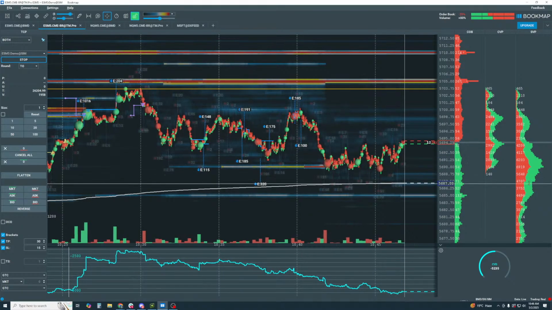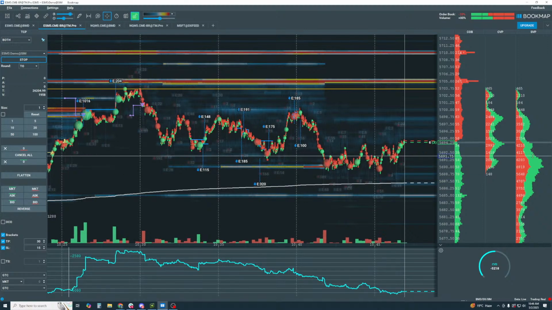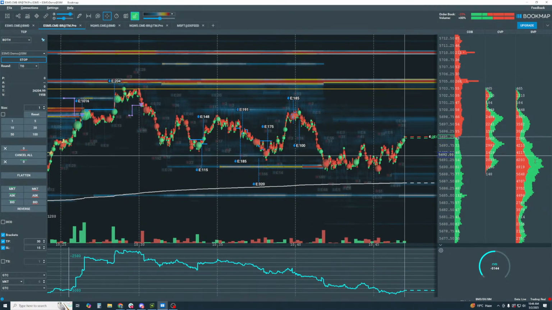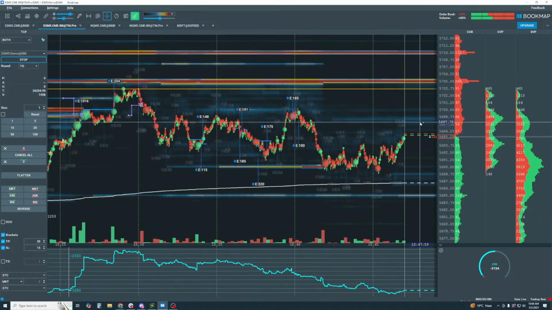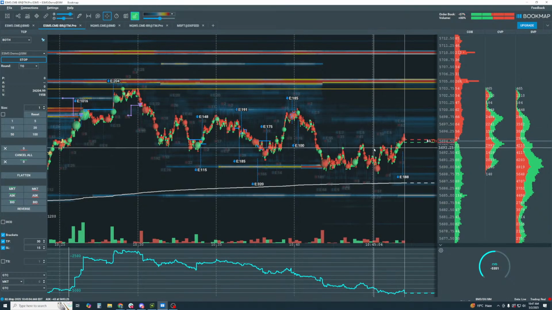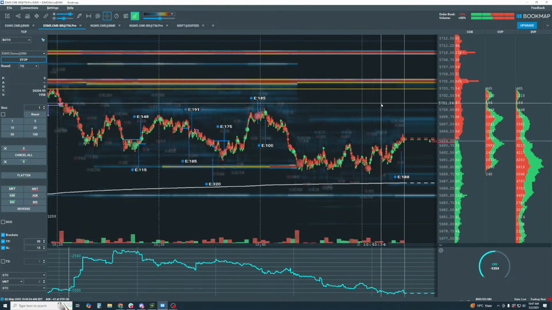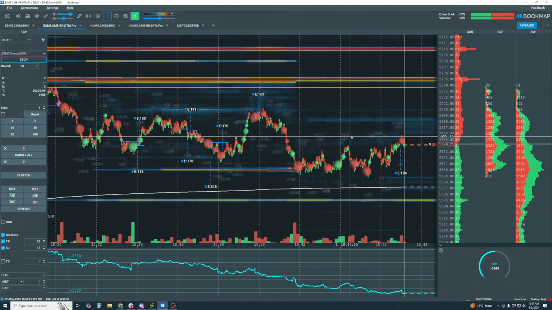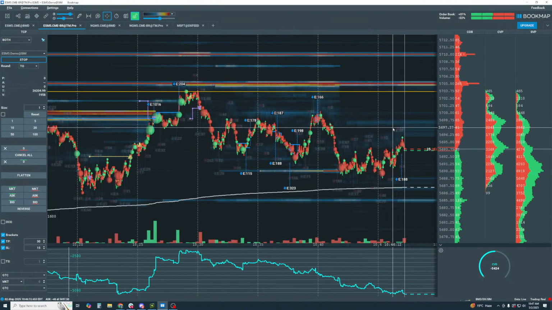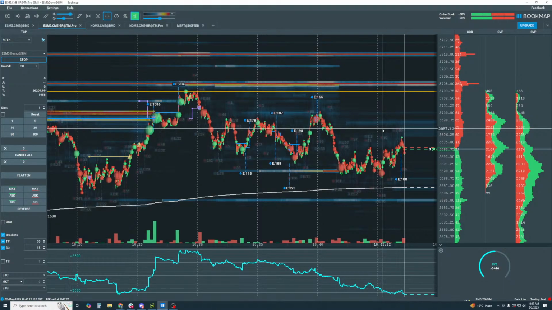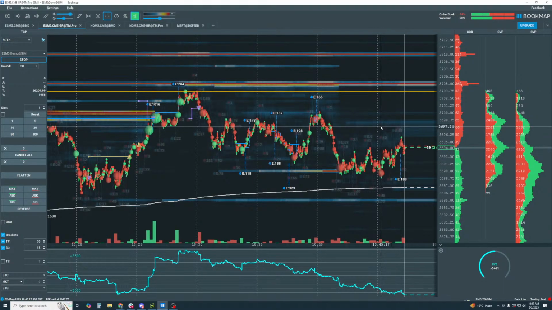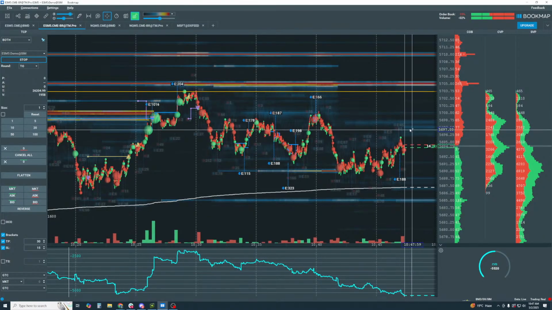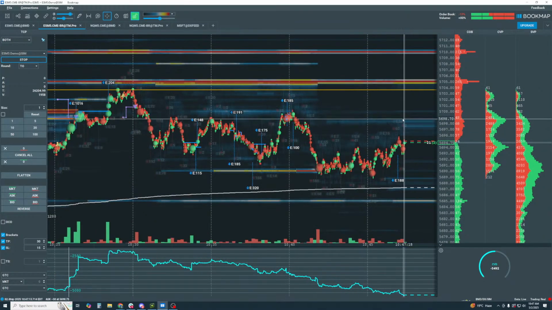This area is value, where price is comfortable right now. For it to get uncomfortable, we have to look for a big move, tearing away from this area, kind of like a rocket ship leaving the Earth and the gravity, the amount of thrust it needs. We'd be looking at volume in that case.